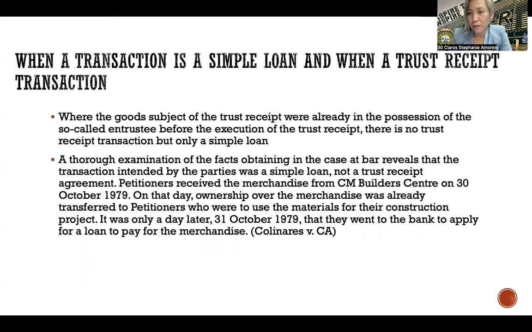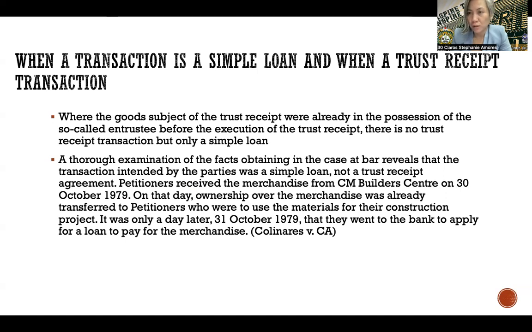In the event that the possession of the goods subject of the trust receipt is already with the entrustee, even before the execution of the trust receipt, then we consider that as a simple loan. It will not come within the purview of a trust receipt transaction.